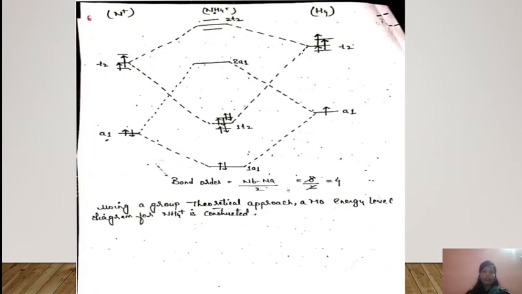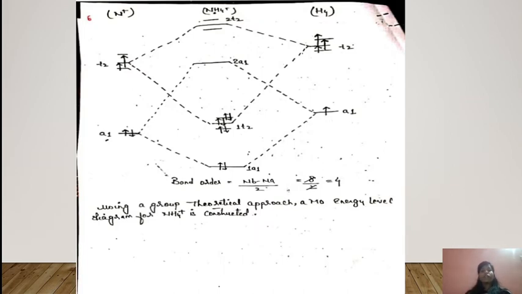This is the molecular orbital diagram of the ammonium ion. Here, in the tetrahedral geometry, sp3 hybridization is found, where A1 is s and T2 is p. The lower two orbitals are bonding orbitals and the upper two orbitals are anti-bonding orbitals. We have drawn these orbitals for N plus and for H4, the surrounding atoms.